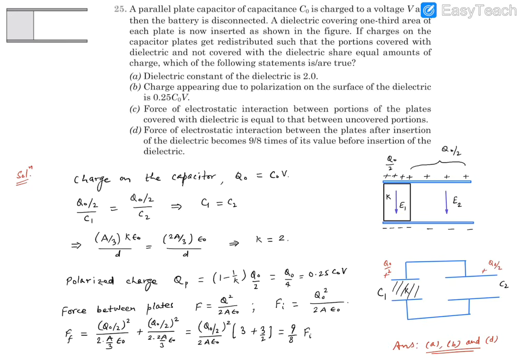Now come to option or statement C. It says the force of electrostatic interaction between portions of the plates covered with dielectric is equal to the one uncovered with dielectric. So it says on this capacitor, whatever the force of interaction is, the same has to be here. Is this the case? That we need to check. Now we know the force between the plates is like charge squared divided by 2A epsilon naught.